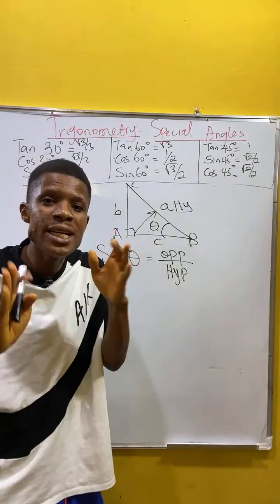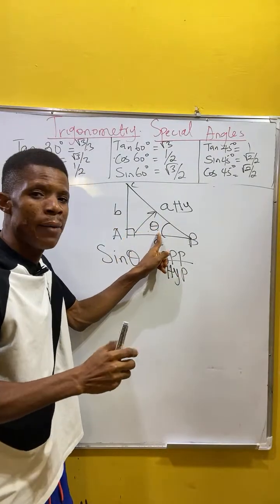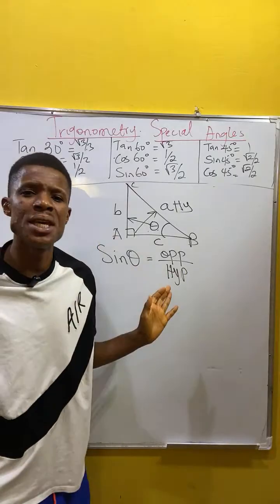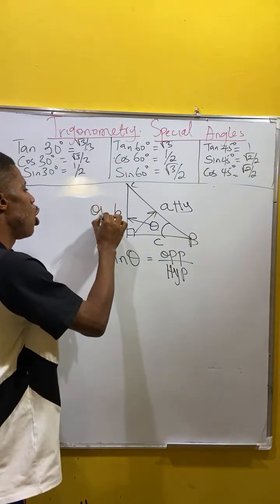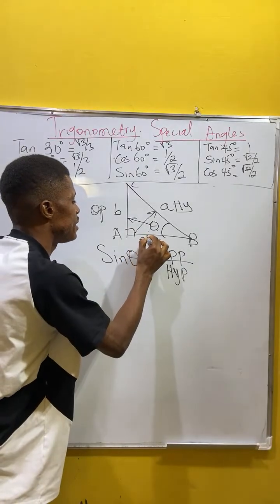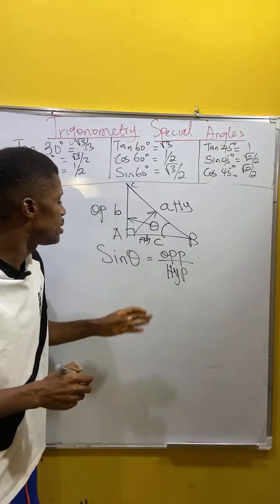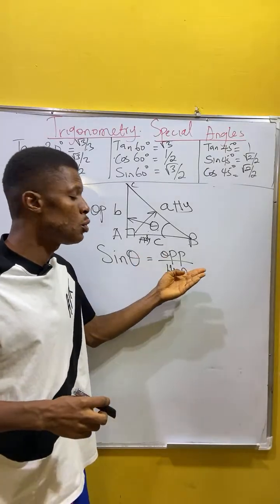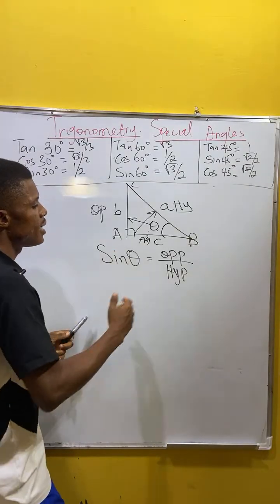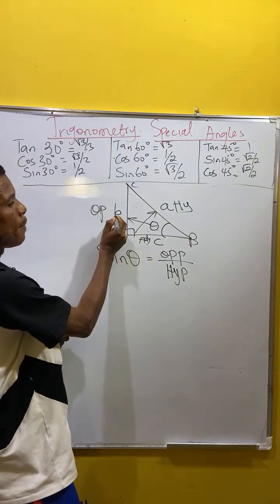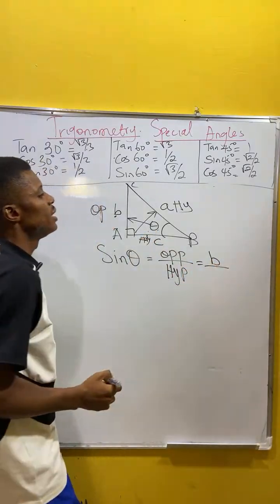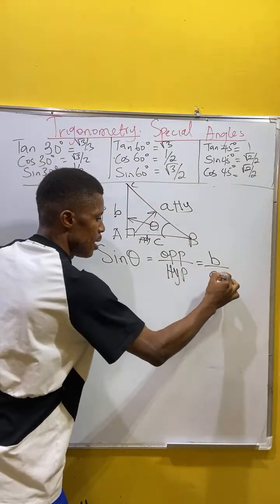Here, the already defined angle is theta, and the side directly facing theta is B. So we pick here to be the opposite. Then the remaining side is the adjacent. So sine theta is the ratio of opposite and hypotenuse. We say that sine theta, the opposite is B, over the hypotenuse, which is A.